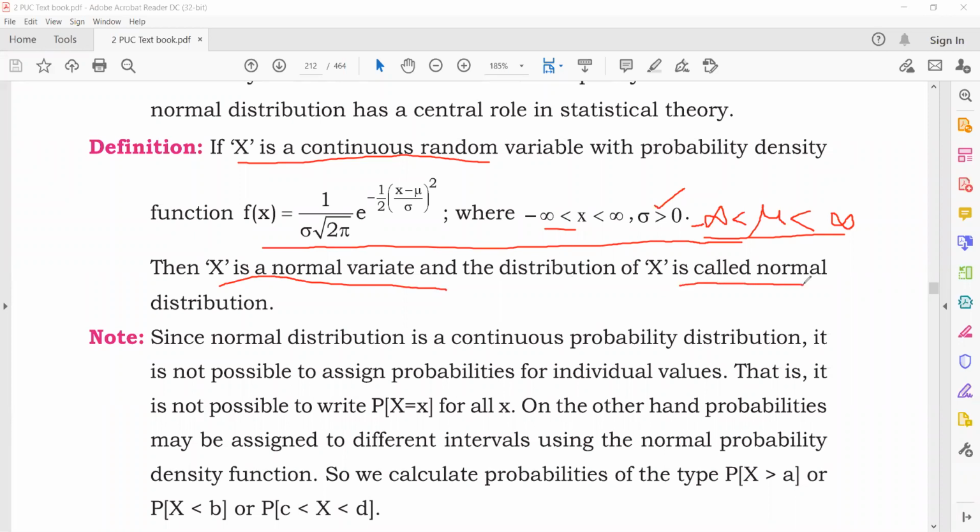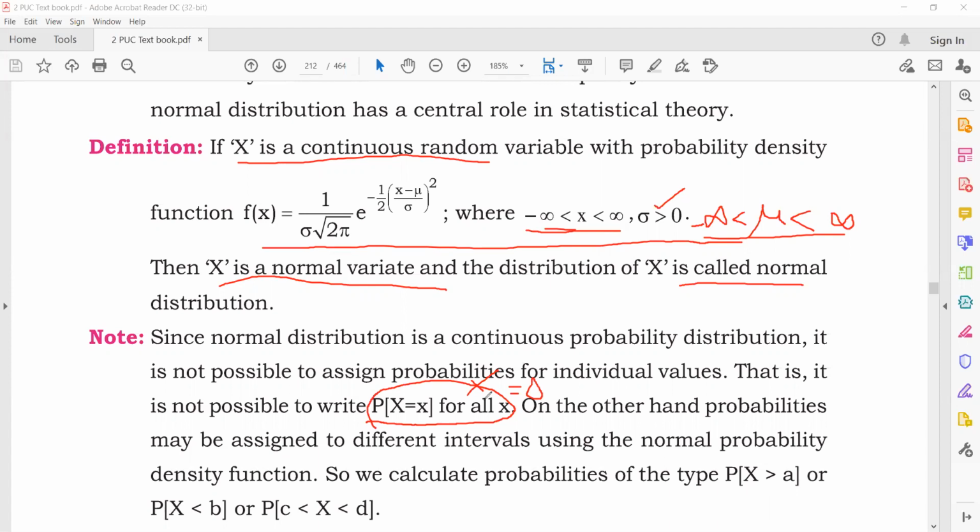This is the definition. Also, in the early classes, I told you that if you want the probability of x being exactly equal to a value in case of continuous distributions, we cannot give an answer, and we say that it is always equal to 0, because our x is taking infinitely many values.